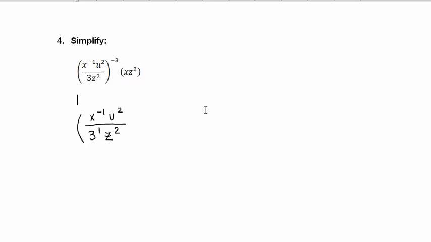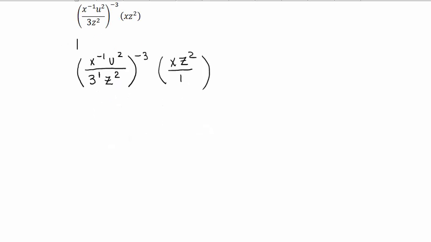Okay, so I'm going to go ahead and rewrite it like that. And then I have, it's still to the negative third. And then I have an x times a z squared all over 1. I'm just going to remind myself that it's all over a denominator of 1.